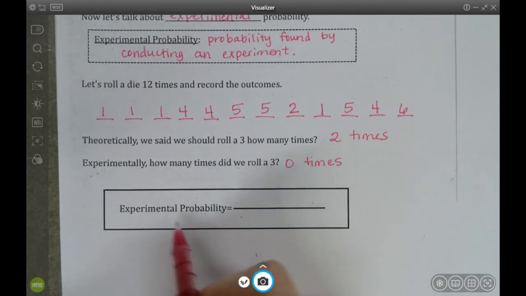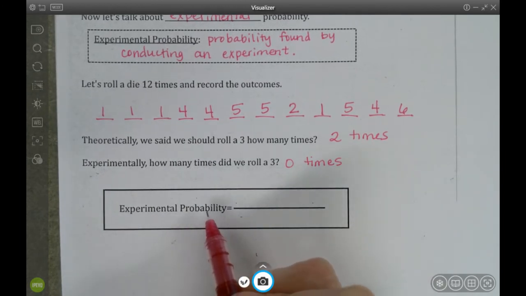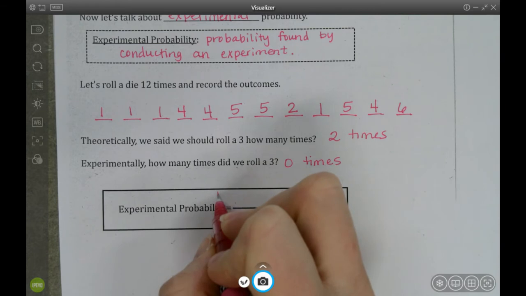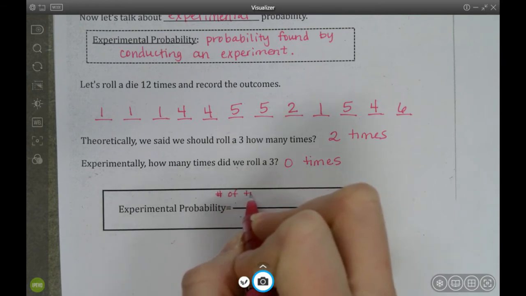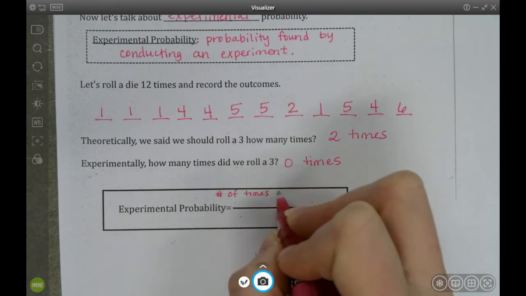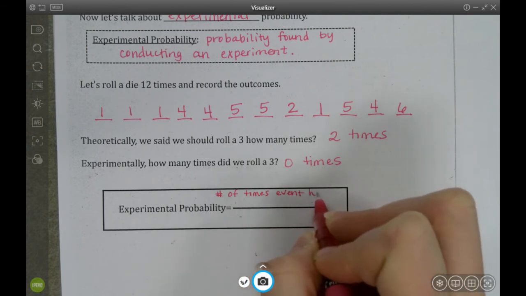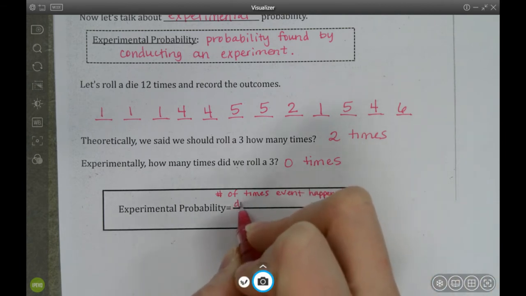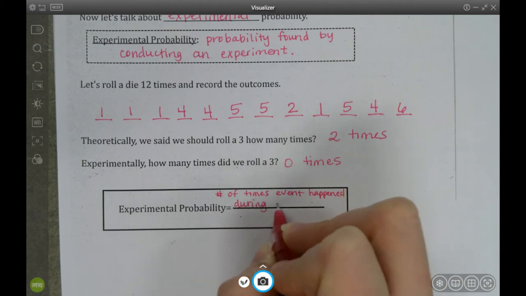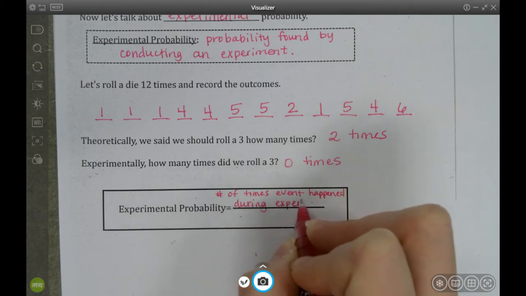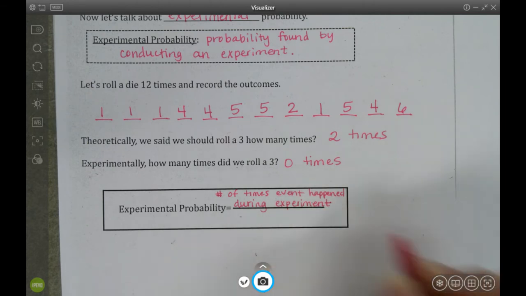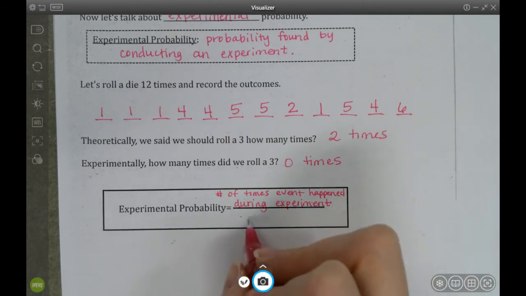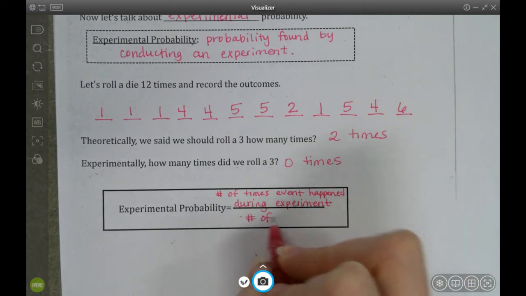So to find experimental probability, you take the number of times the event happened during the experiment and divide that by the number of trials.